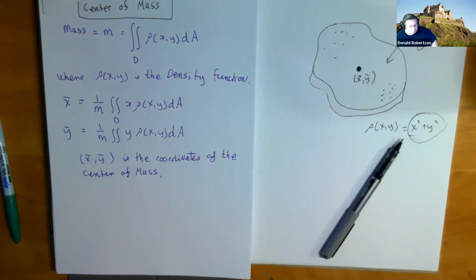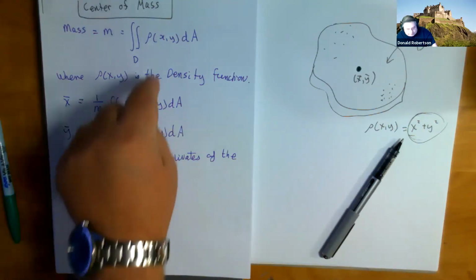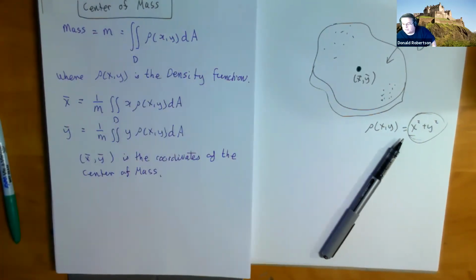Now, me personally, I couldn't care less. The way I look at this is, if you tell me how to do something, then give me a function, give me a region, and I'll find the center of mass for you, right? So tell me the density function, tell me what the shape is, and I can find it.